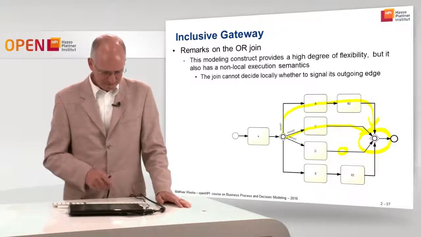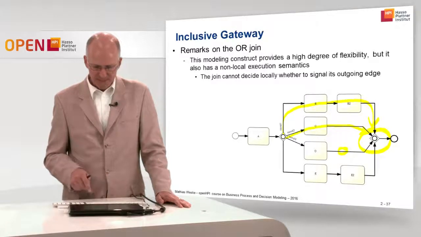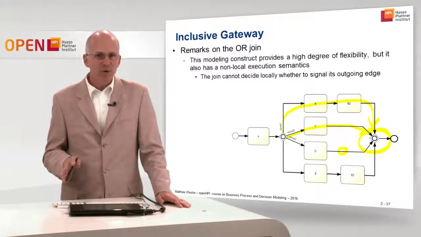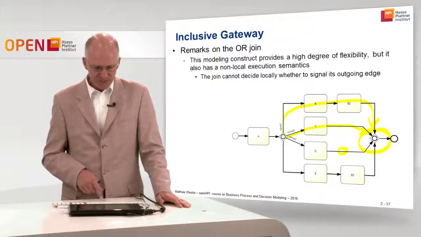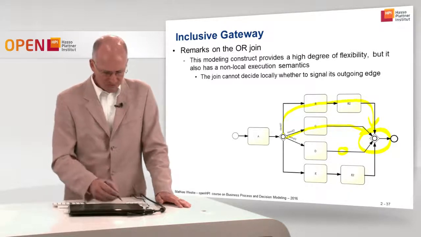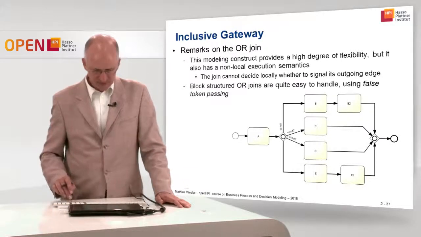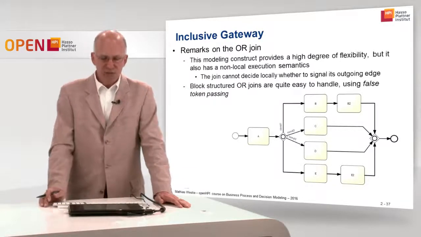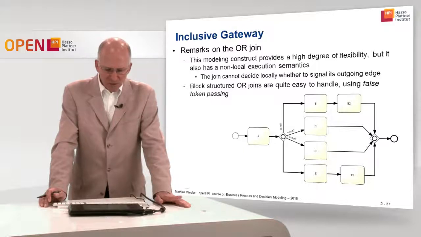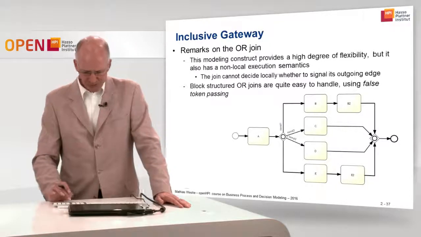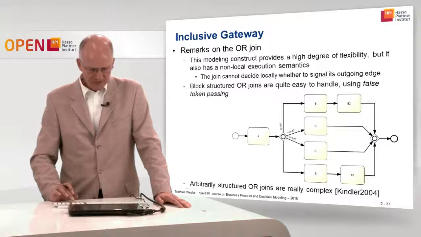However, if we limit the expressiveness of the OR join or the structure of the process model with the OR join, we can actually provide a solution to this. And that is for block-structured OR joins. Block-structured OR joins are quite easy to handle using false token passing.